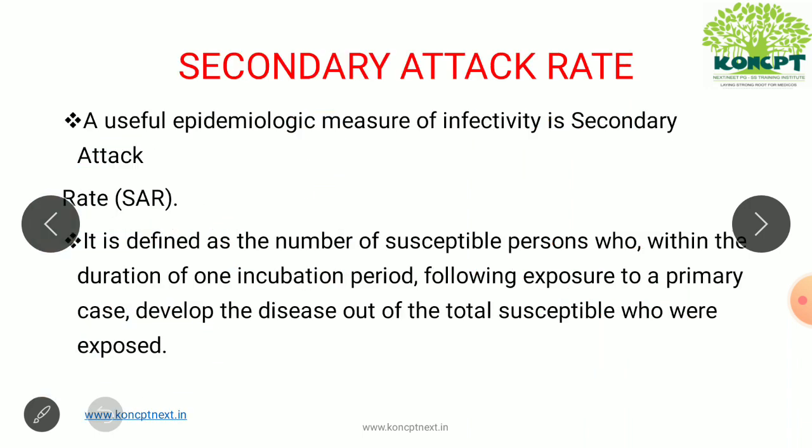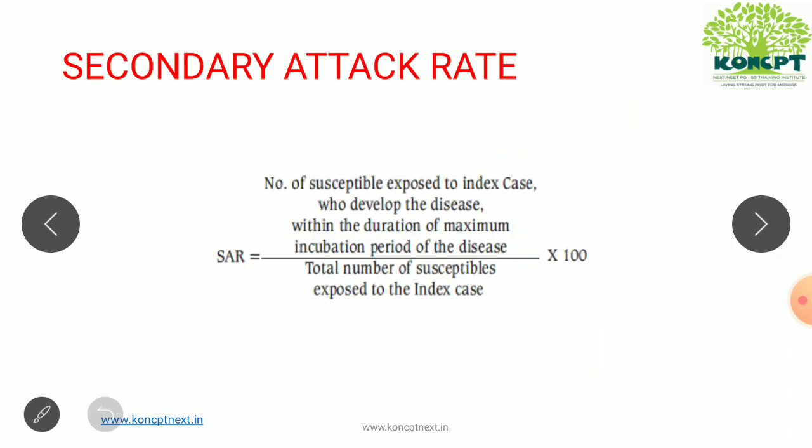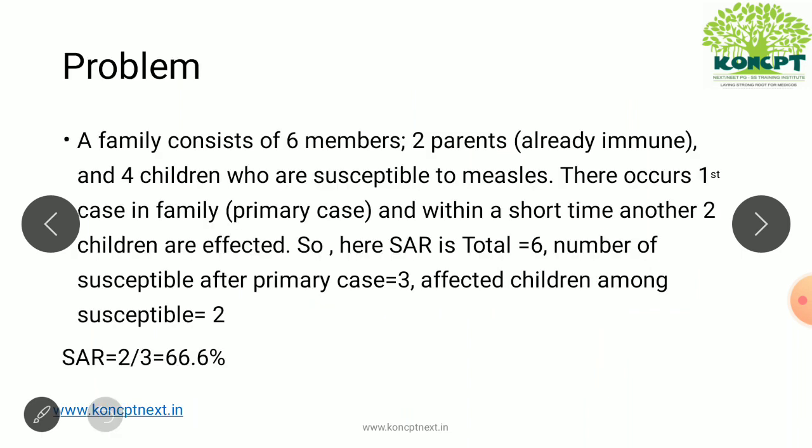Coming to secondary attack rate, as I already defined it, among the susceptible persons, how many of them develop the disease after exposure to a primary case during one incubation period. That is the secondary attack rate, and its multiplier is 100. In this example, there are 6 members in the family. 2 parents are already immune to measles, and there are 4 children who are susceptible to measles.